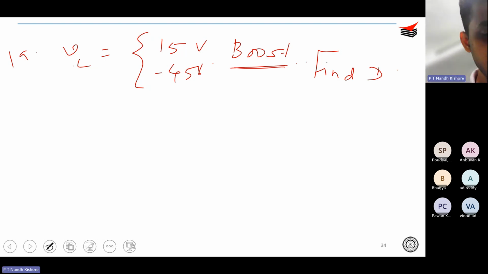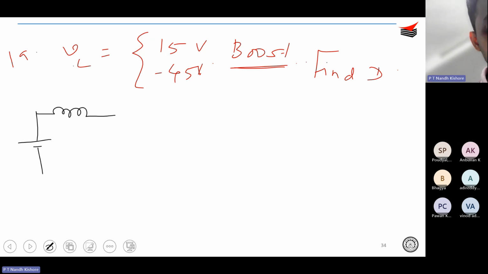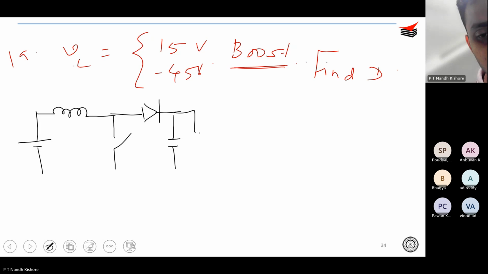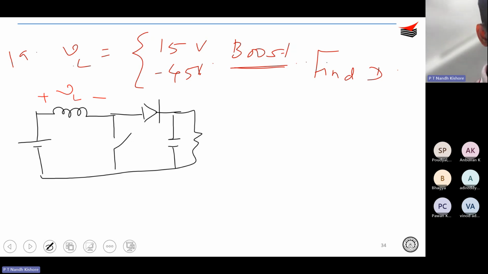Again, it's a very simple question. Just have your boost converter at hand. So you have your L, then you have your switch, and then you have your diode. This is your VL, V in, and then V naught.